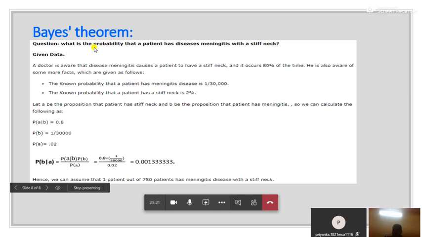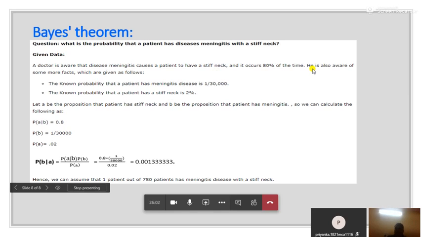Some data is given to us. A doctor is aware that the disease meningitis causes a patient to have a stiff neck. If a person has meningitis, then there are 80% chances that the patient has a stiff neck.